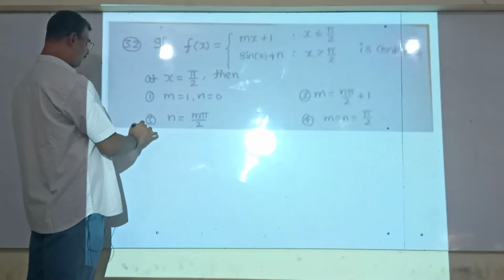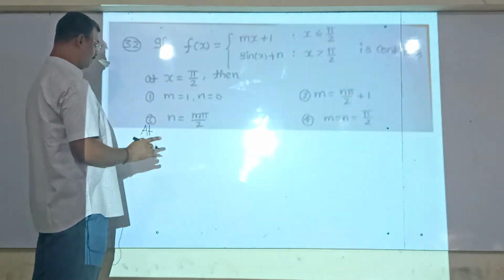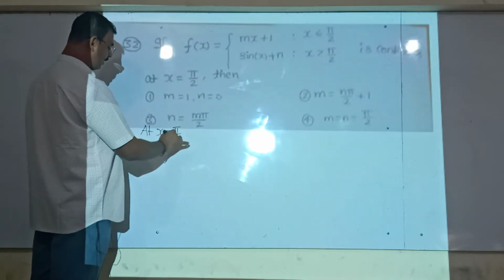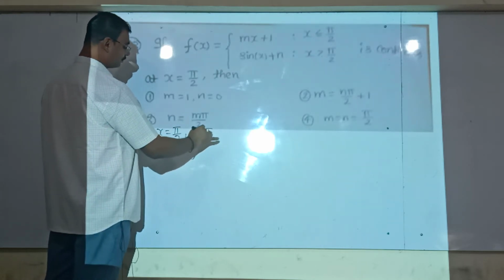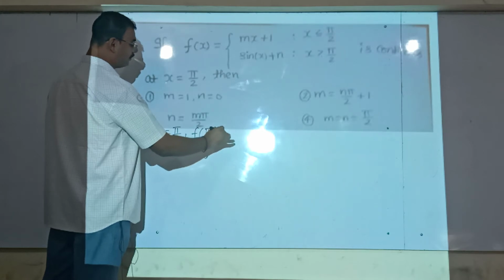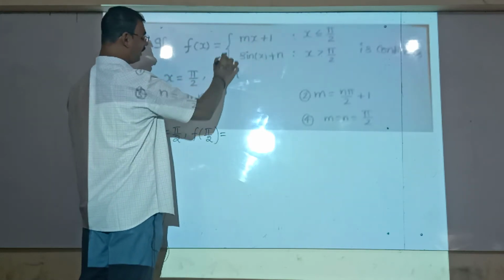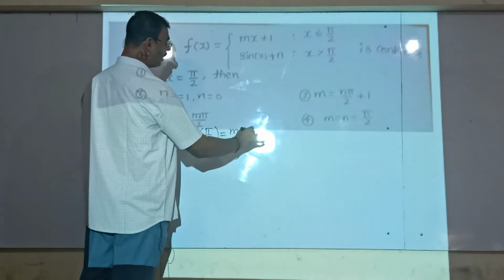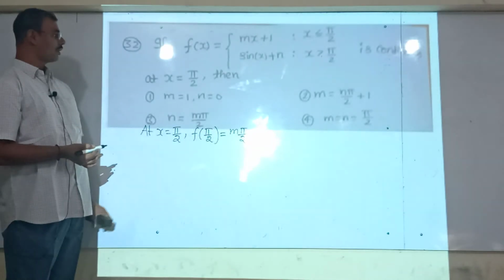Okay, so we have to find out. Since continuity conditions are given, we should find the left hand limit and right hand limit at x equal to pi by 2. What is the f of pi by 2 value? f of pi by 2 is equal to m into pi by 2 plus 1.